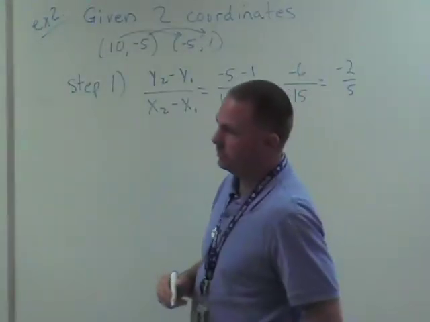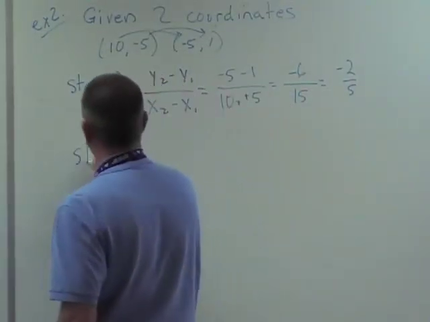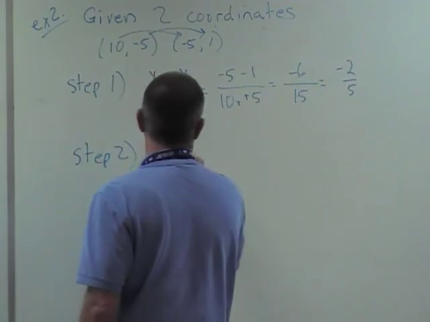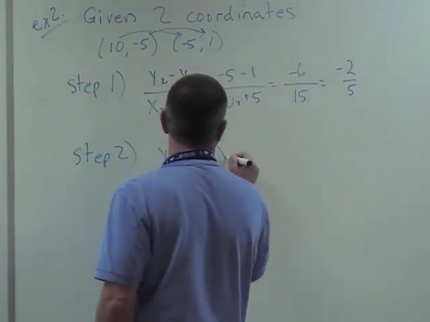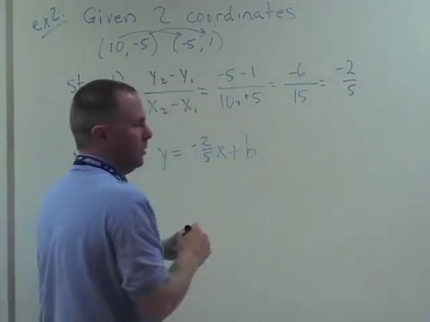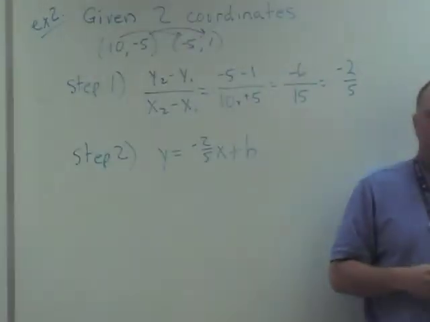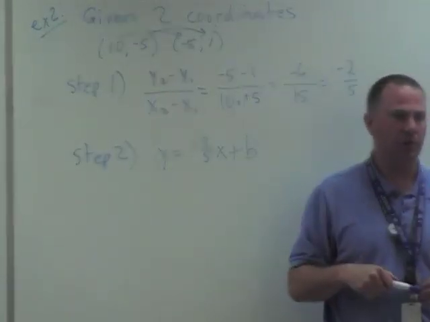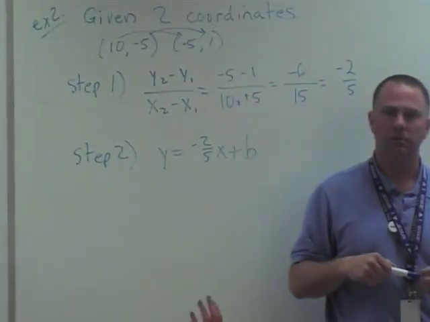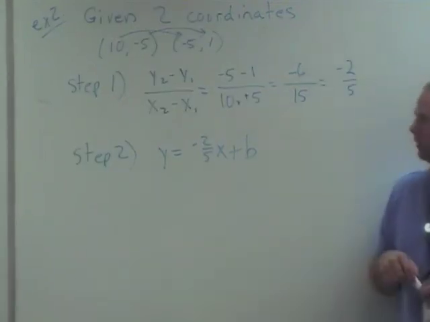Step 2, write the equation. y equals -2/5 x plus b. I'll wait for a minute for you to catch it. By show of hands, how many people understand what's going on? All right, a few of you are still struggling.